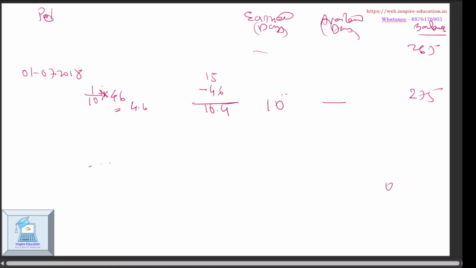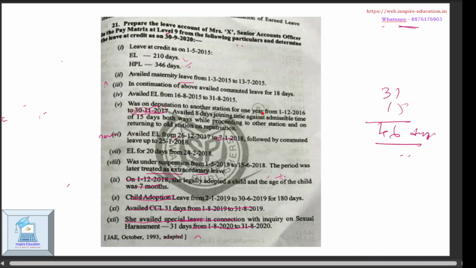Then let us see whether there is any other EL or not. Was under suspension, so there is no EL deduction to be made from his account, and we will be giving him credit up to 2020.